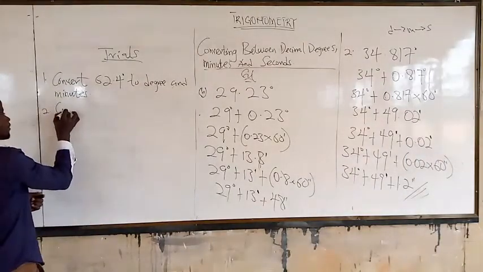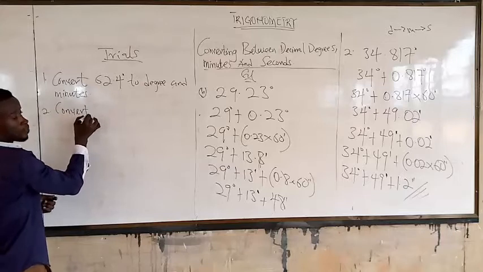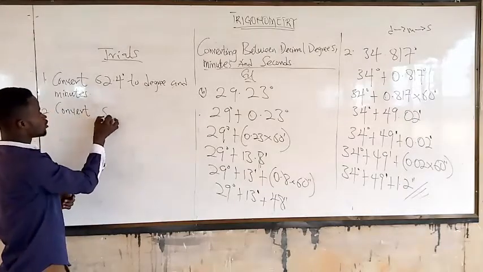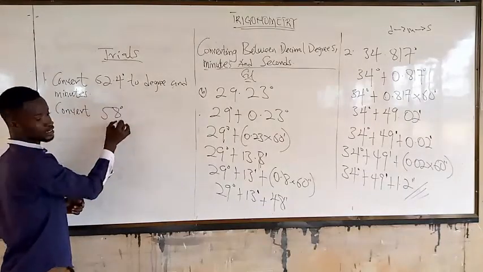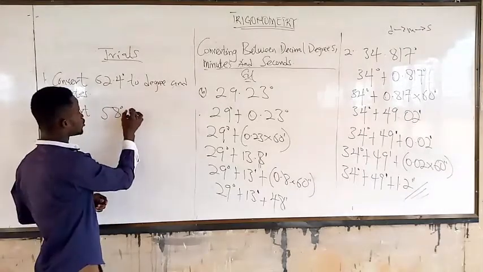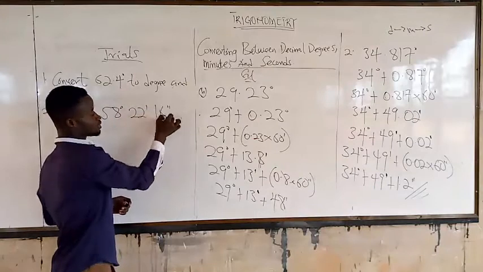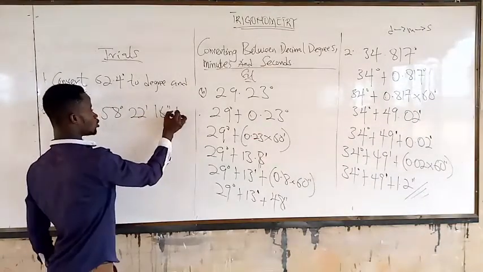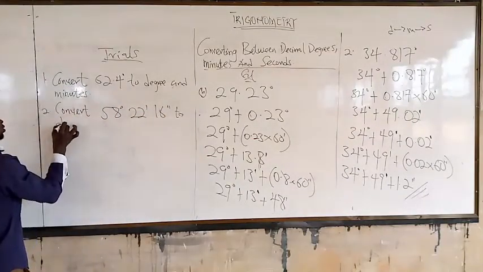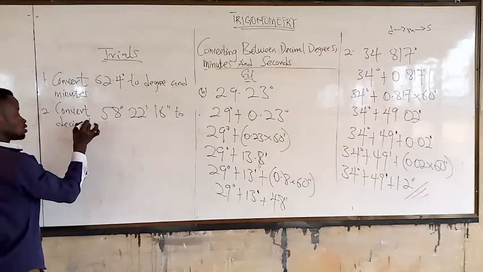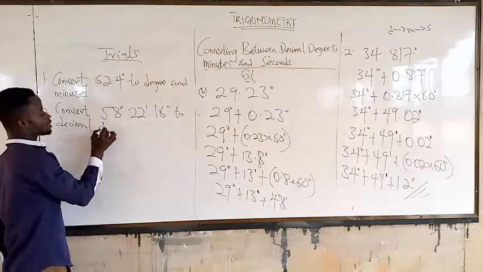Convert 58 degrees 22 minutes 16 seconds to decimal degree.